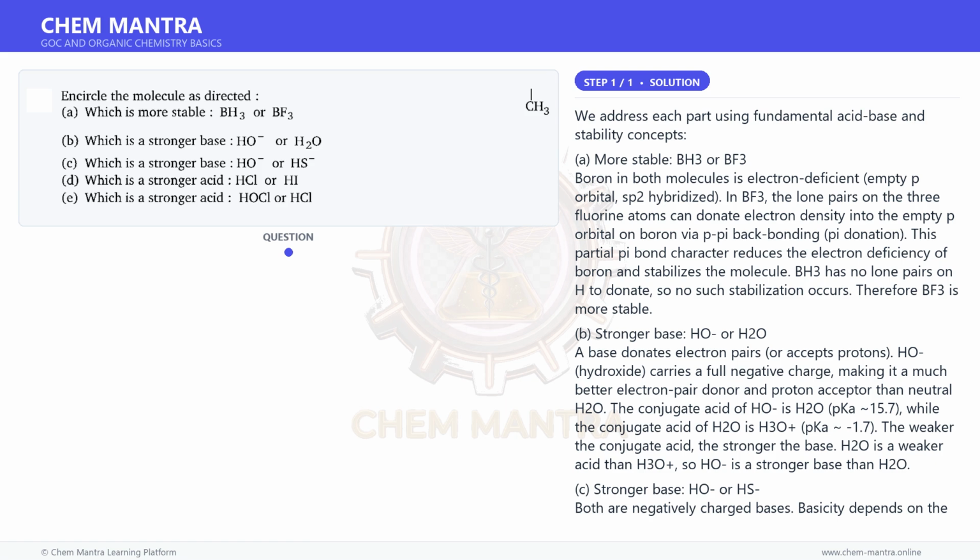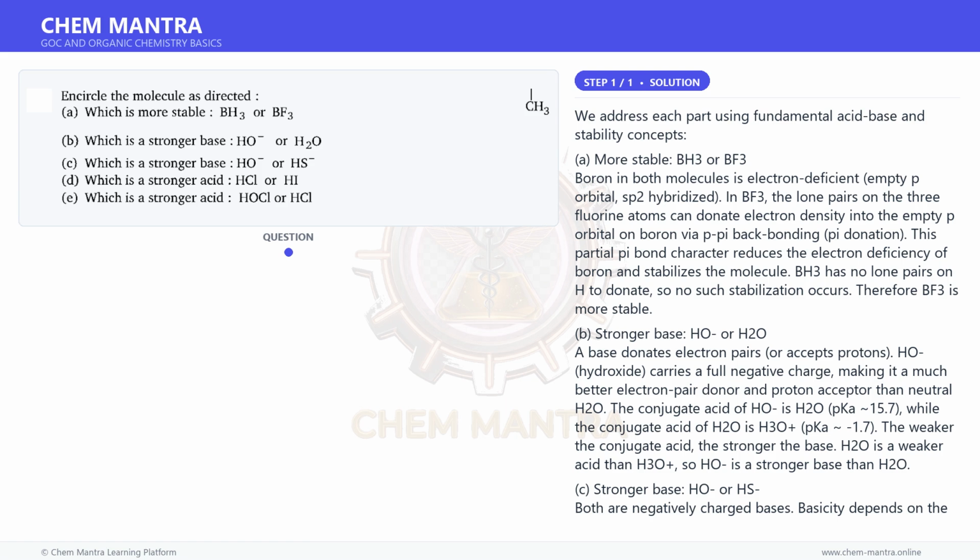Alternatively, the conjugate acid of HO- is H2O, pKa 15.7, and the conjugate acid of HS- is H2S, pKa 7. Since H2O is a weaker acid than H2S, HO- is a stronger base than HS-.